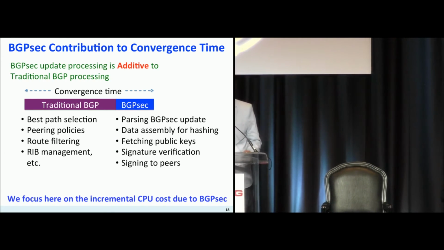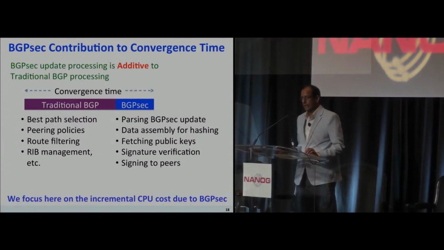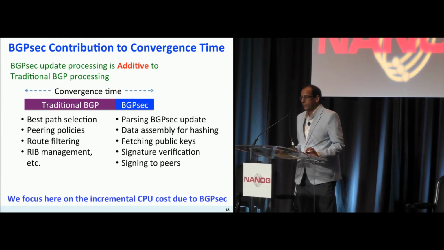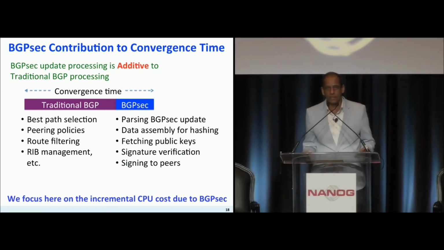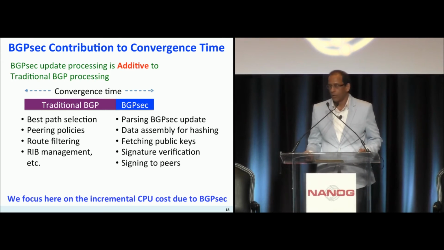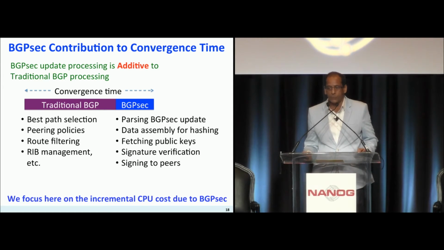So we are going to take those numbers that Mehmet has presented for BGPsec signature verification and also for signing in the context of the BGPsec protocol. And we are going to fold those numbers into a model for convergence time to estimate convergence time under different scenarios. First of all, we should observe that the BGPsec update processing is additive to the traditional BGP processing.